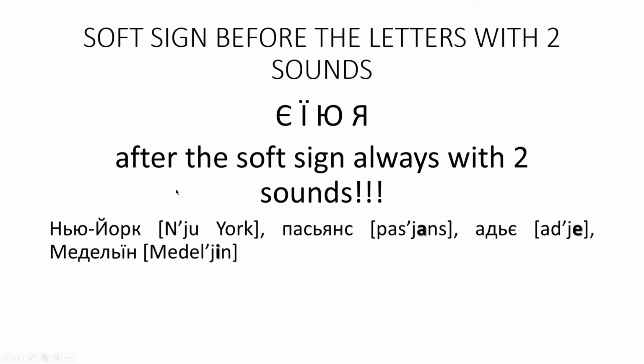Okay, after the apostrophe and after the soft sign. Exactly. So, when you see that before ye, yu, ya, yi, there is a soft sign, you always pronounce them with 2 sounds. Okay, let's see the examples.